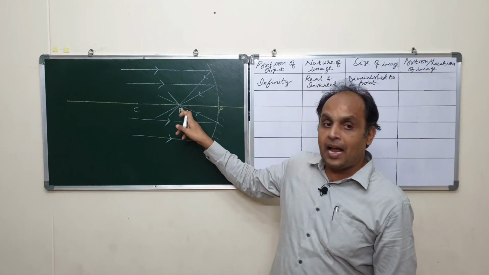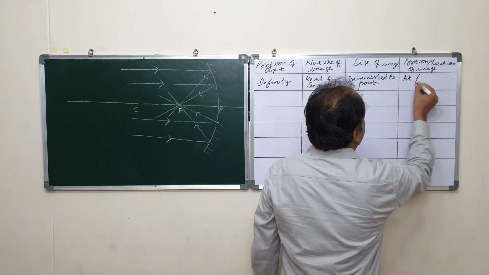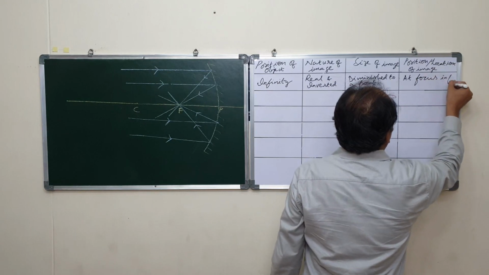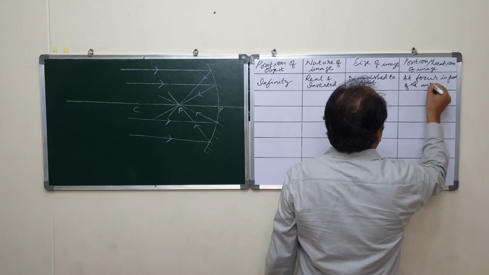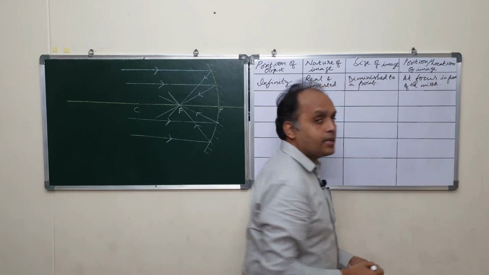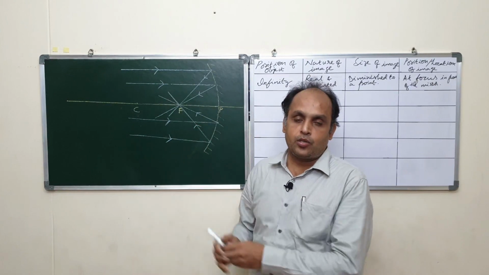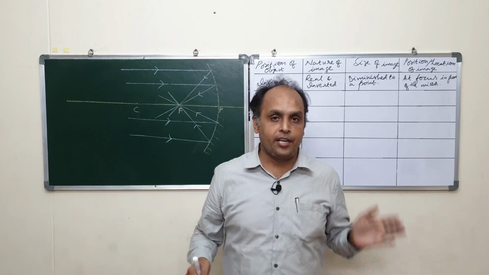It's formed at the focus, in front of the mirror. For a convex mirror it was behind the mirror, and for a concave mirror it is formed in front of the mirror. So that is the characteristics of the image formed when the object is at infinity.